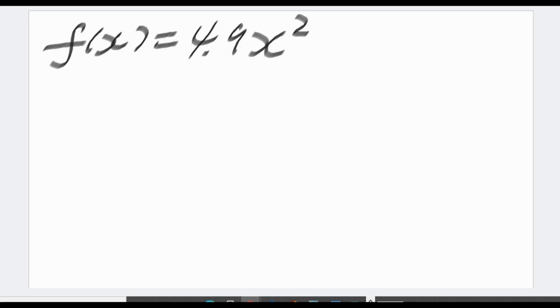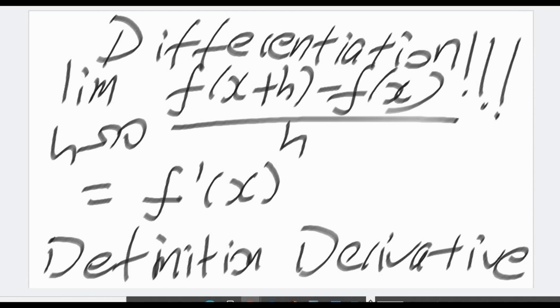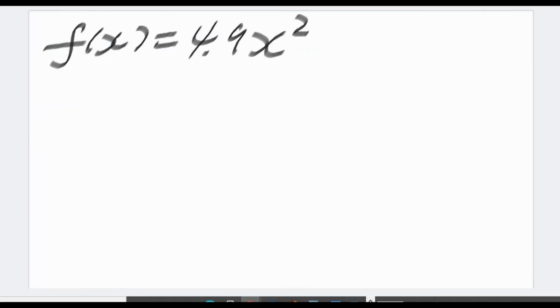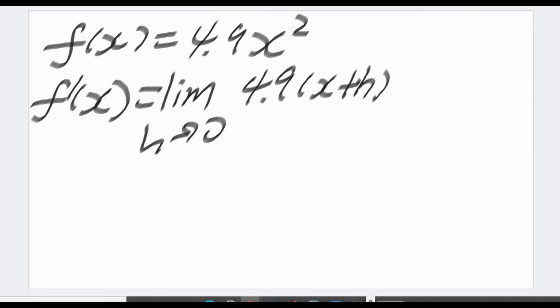Put this back into our definition of derivative here. We have f prime x, or f dash x, equals limit h to 0, 4.9 (x plus h) squared minus 4.9 x squared, over h.